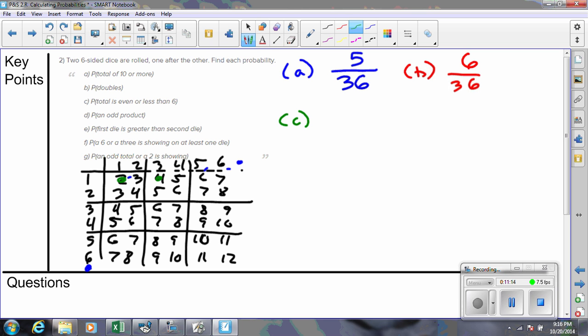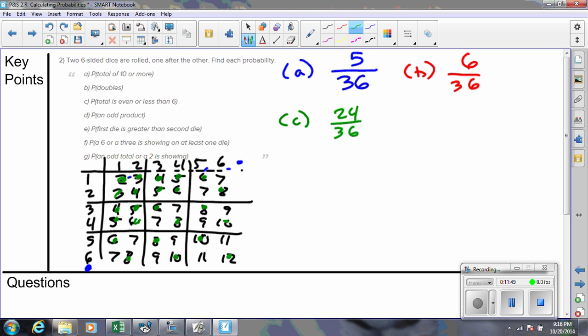I've just counted 18 of them that are even. But continuing further to get less than 6, 19, 20, 21, 22, 23, 24. So counting them all up, we can get 24 out of 36.